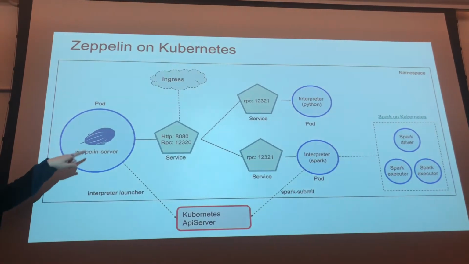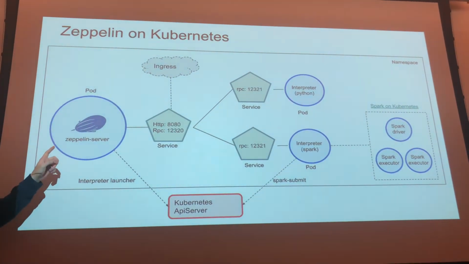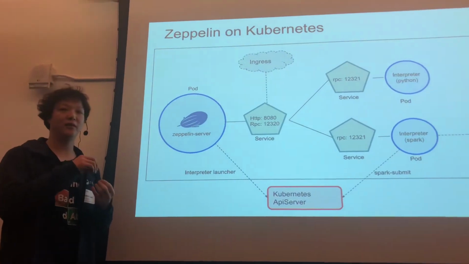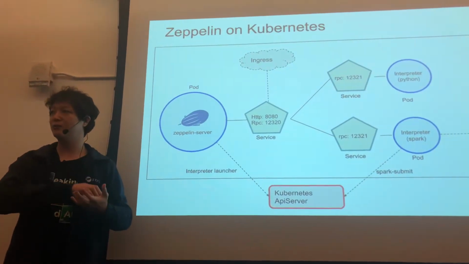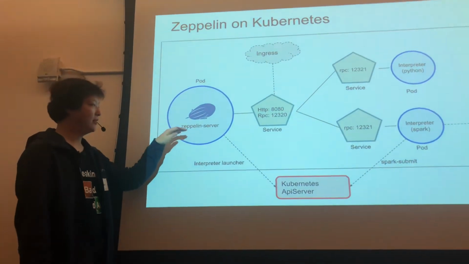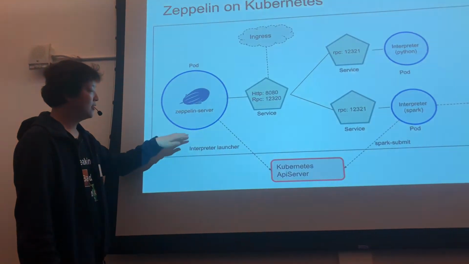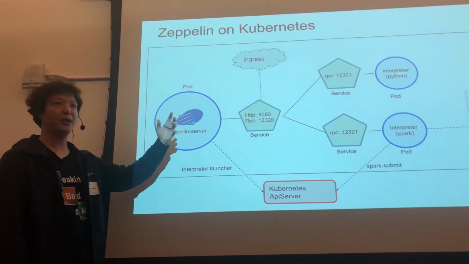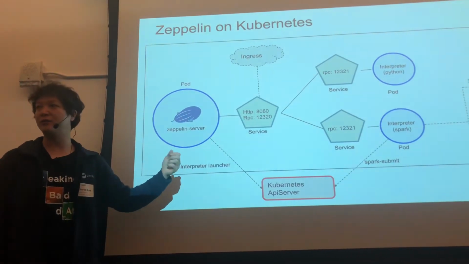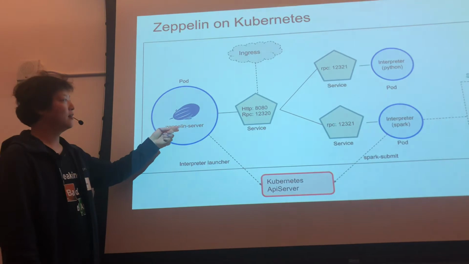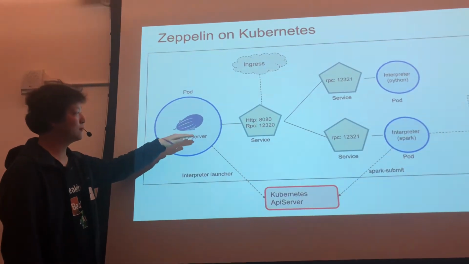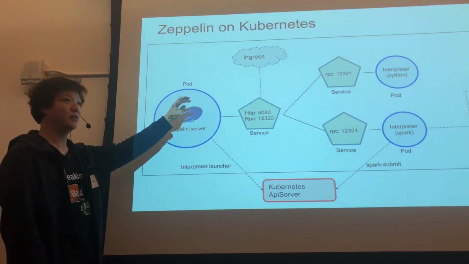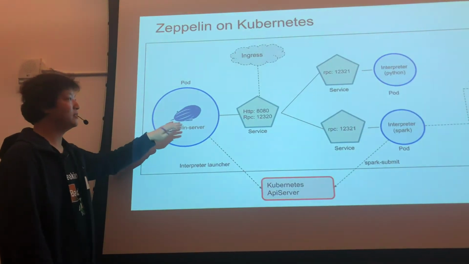Zeppelin is going to run as a pod inside of Kubernetes, and if Zeppelin is running as a pod, Zeppelin can detect whether it is running inside of Kubernetes or not. So if it is running inside of Kubernetes, when Zeppelin runs an interpreter, such as the Python interpreter, shell interpreter, or Spark interpreter, it should run the interpreter not as a local process, but as a Kubernetes pod. So that's the basic idea.